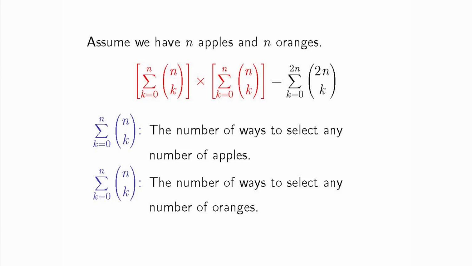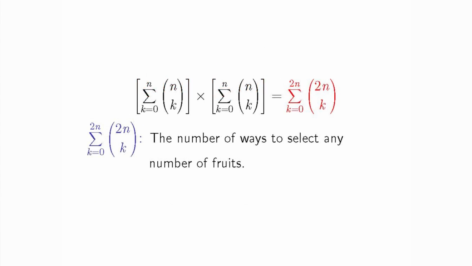And the second one is we have n oranges and we want to select any number of them. For the right-hand side, it's the number of ways to choose apples or oranges, any number of them, and we have 2n in total. This should be easy for you.